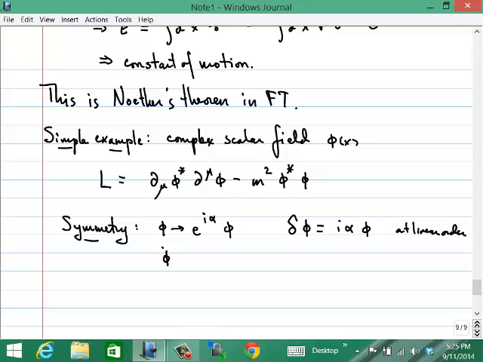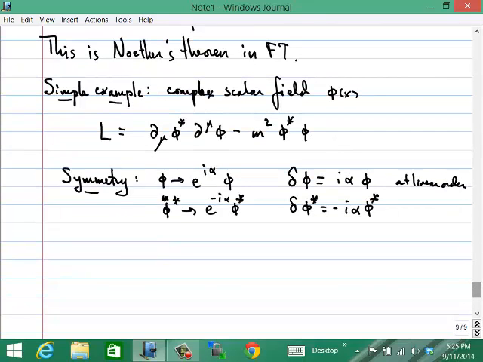And the complex conjugate phi star goes to e to the minus i alpha phi star. So delta phi star is equal to minus i alpha phi star. So you can then go ahead and write down the conserved current.